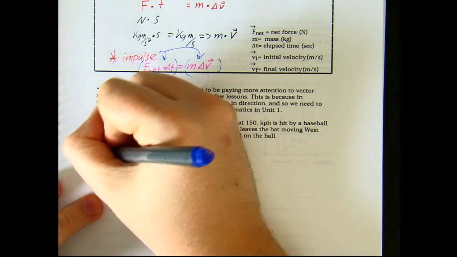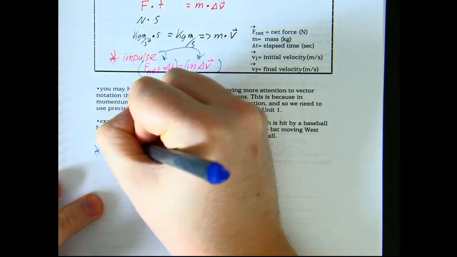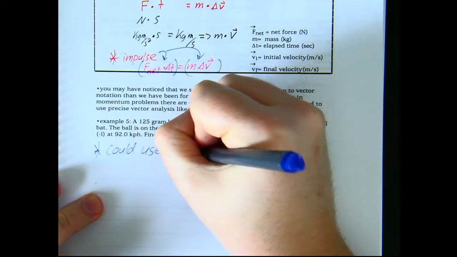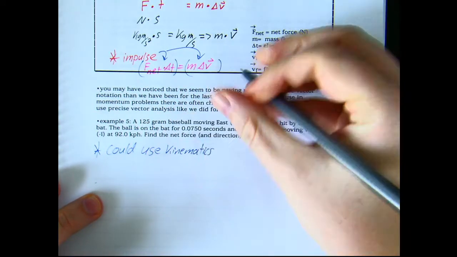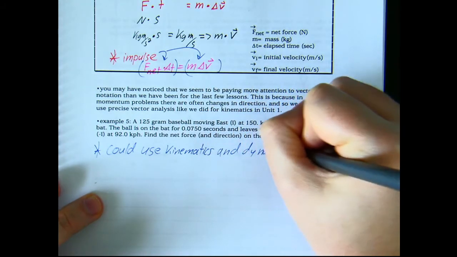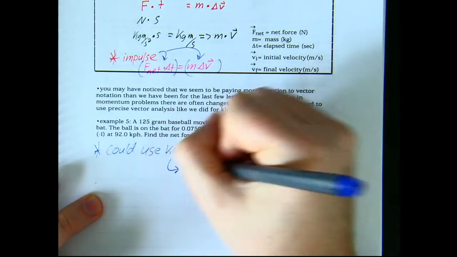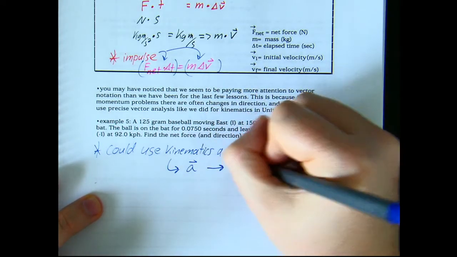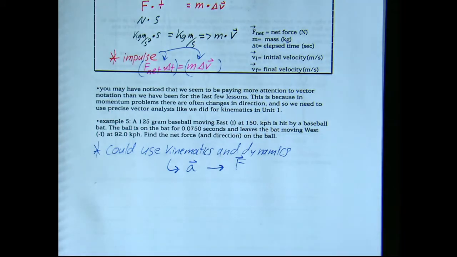So we could use kinematics and dynamics. We could use kinematics to find the acceleration, and then we could use dynamics to find the force. But I want to show you that we can do the exact same problem using momentum instead.